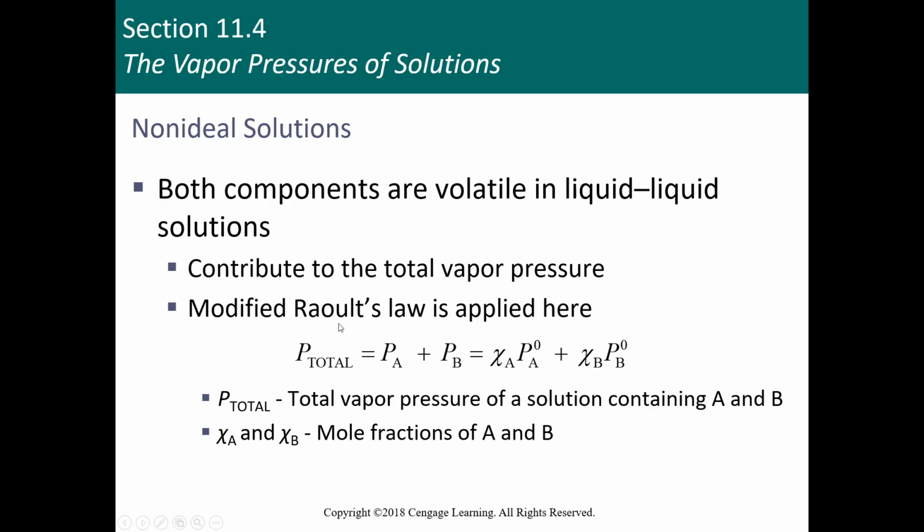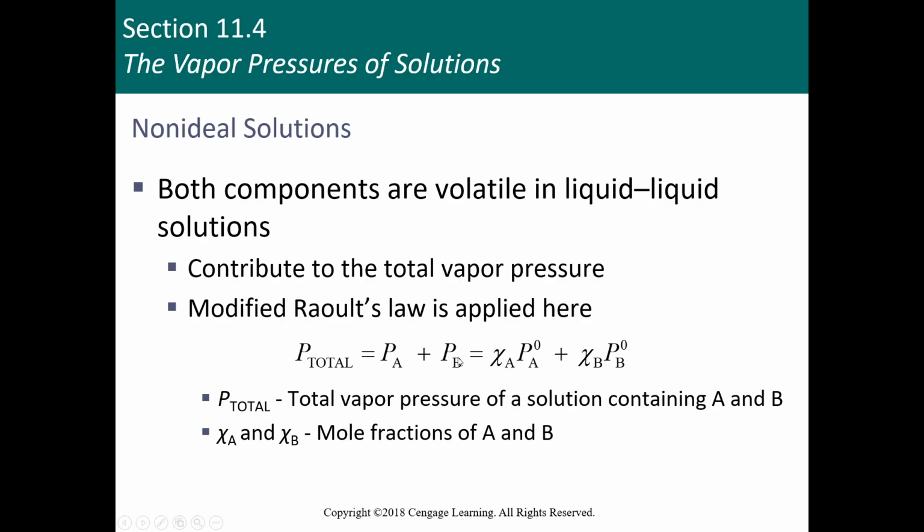So what you get is, for species A that is volatile, the pressure above the solution for species A is going to equal chi A times its pure solution vapor pressure.